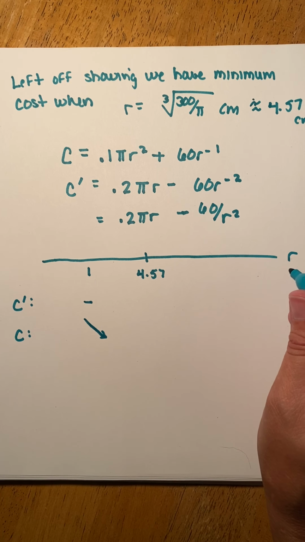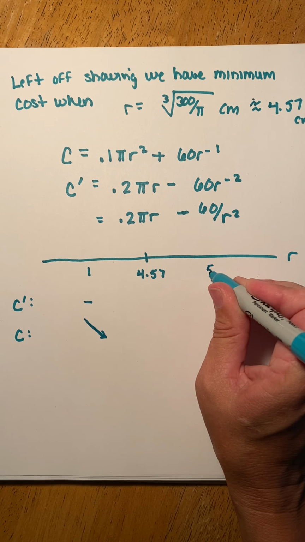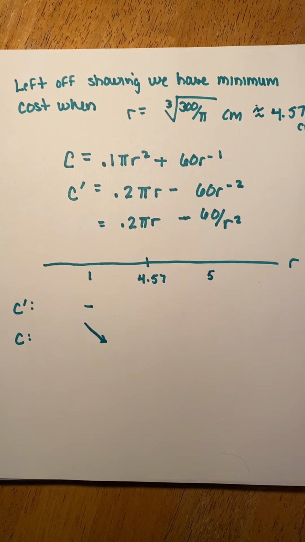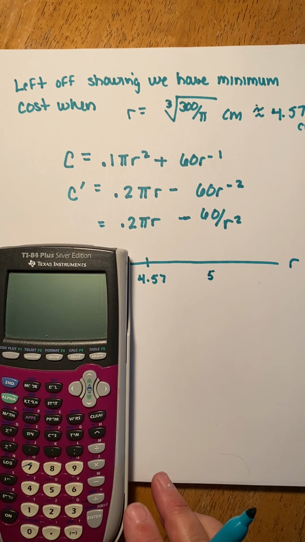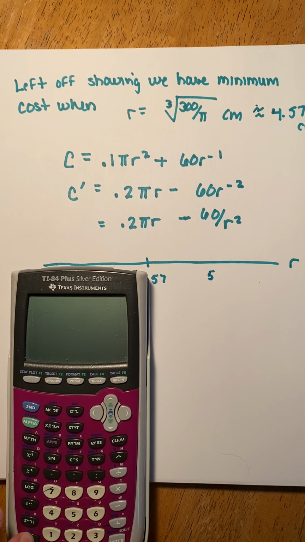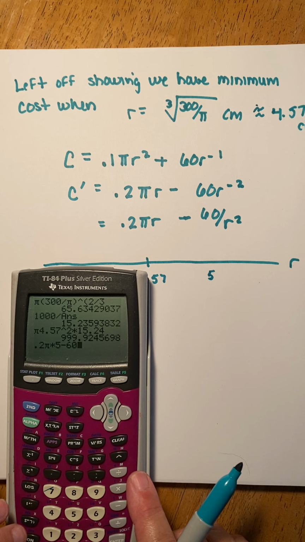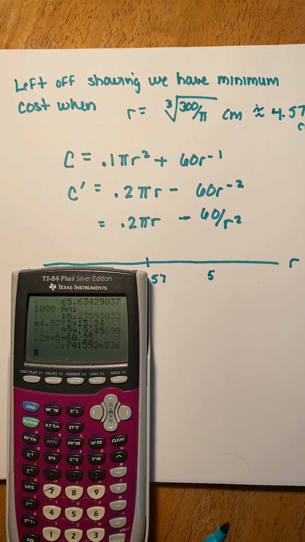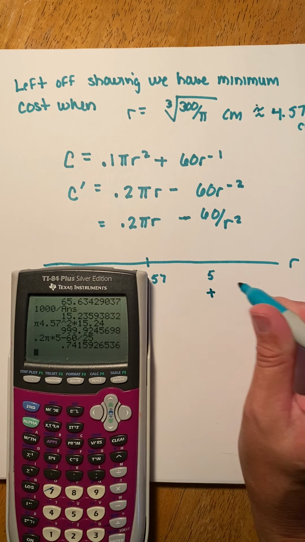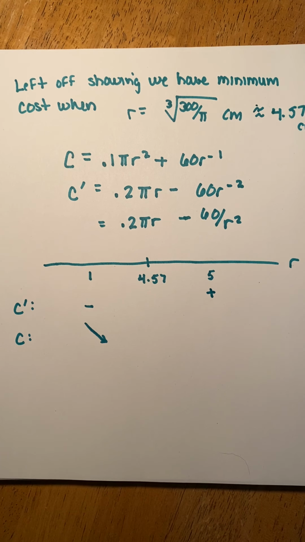So I'm going to pick a number a little bit to the right. Let's just say 5, to the right of that critical number. And let's just put it in our calculator for confirmation. I'm going to do 0.2 pi times 5 minus 60 over 25. And we see that we get a positive output. I don't care what the output is, I just care if it's positive or negative.